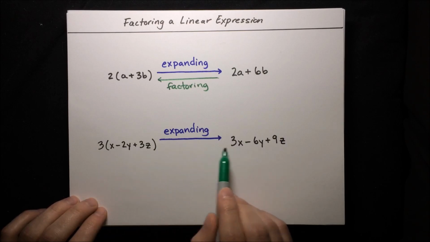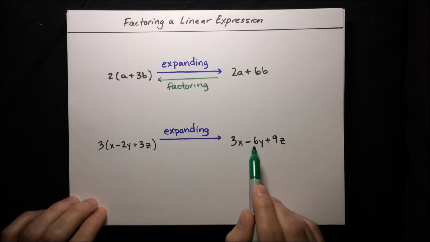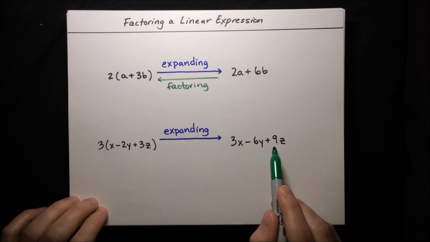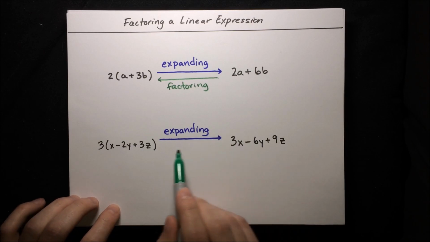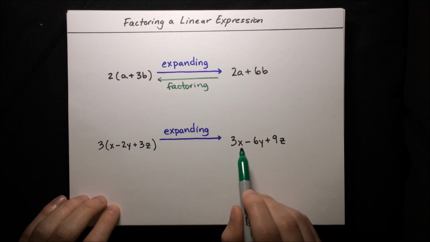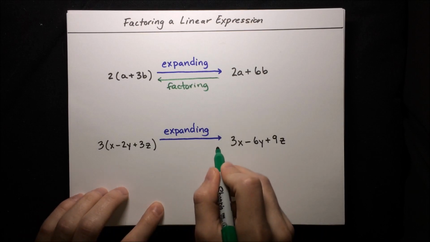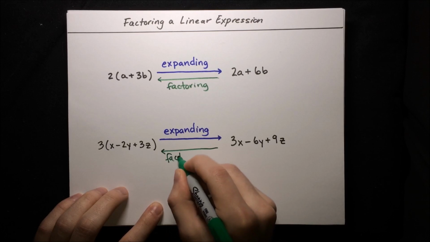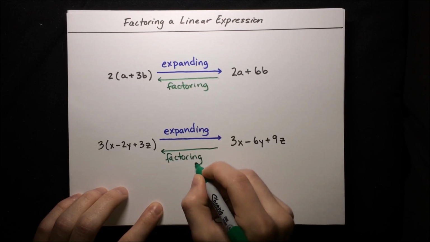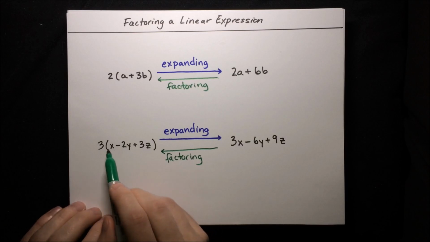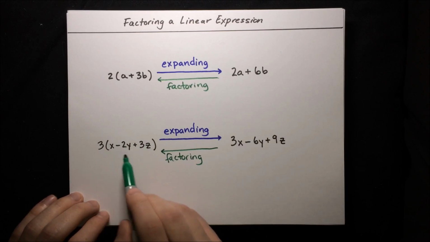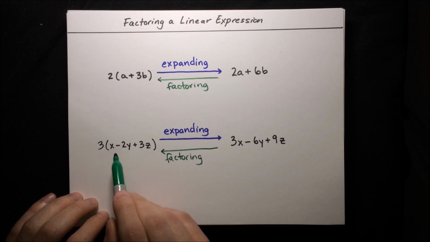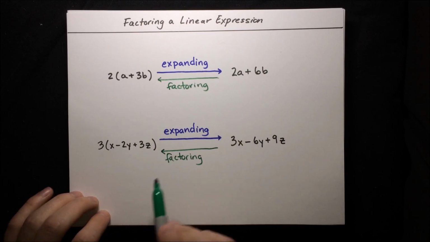So 3x and then minus 3 times 2y, so minus 6y, and then plus 3 times 3z, so plus 9z, and then factoring would be going the opposite direction, starting with this expression 3x minus 6y plus 9z, pulling out a common factor to all those terms, which would be 3, and then writing that expression as the product of that common factor and the rest of the expression. So 2 factors are being multiplied together here, 3 and the quantity x minus 2y plus 3z.